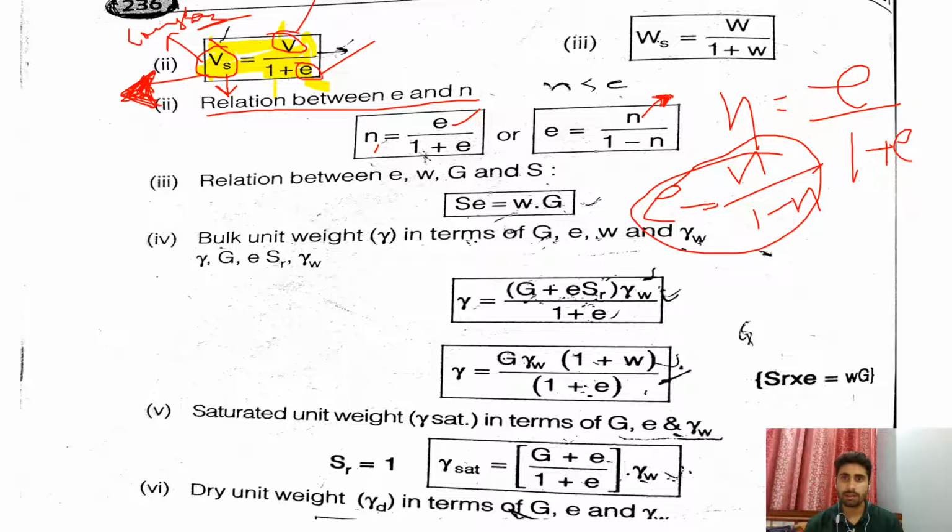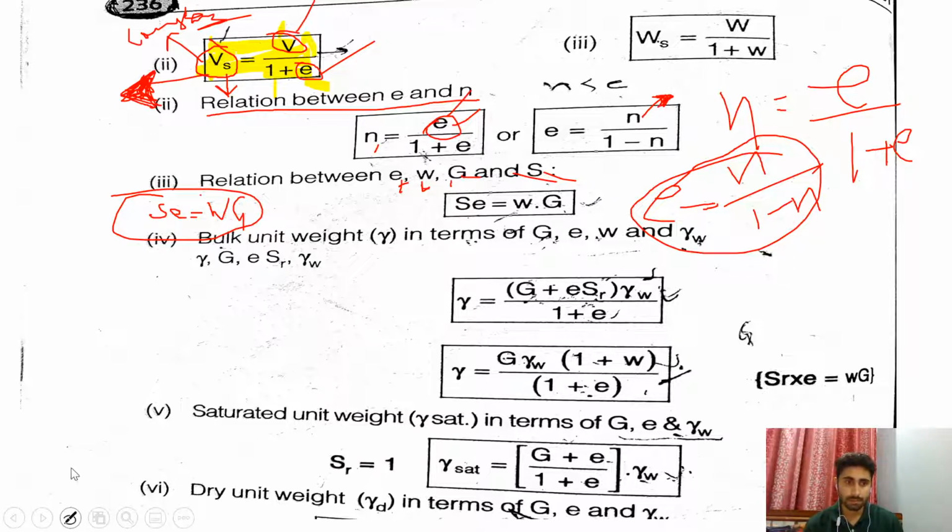In very few cases we use the porosity value, but in most cases we use the value of void ratio. Another equation is between e, w, G and S, which are void ratio, water content, specific gravity and degree of saturation. So S e is equal to w G. There is one shortcut to learn this, which is called Sevag. You have to learn this word Sevag, then you can easily remember this equation.